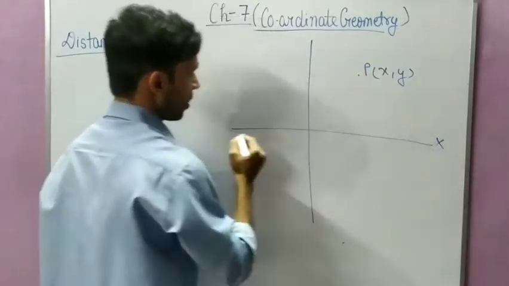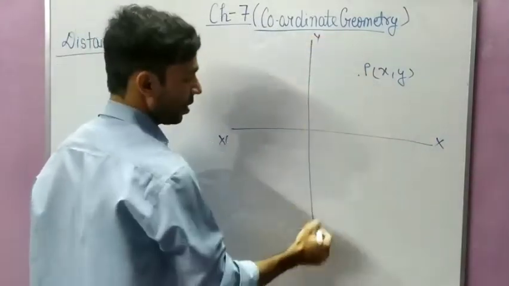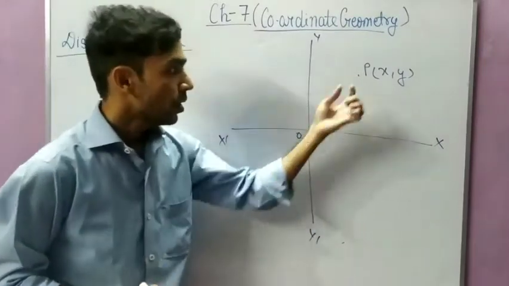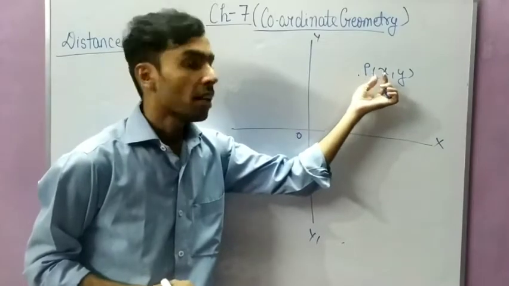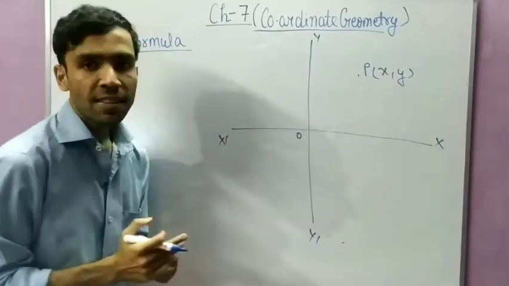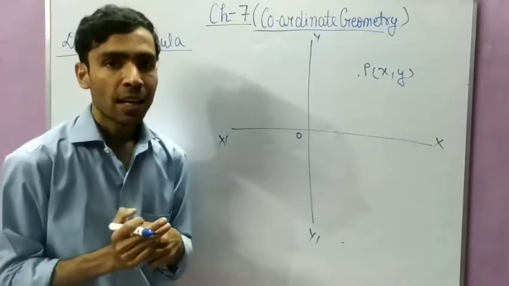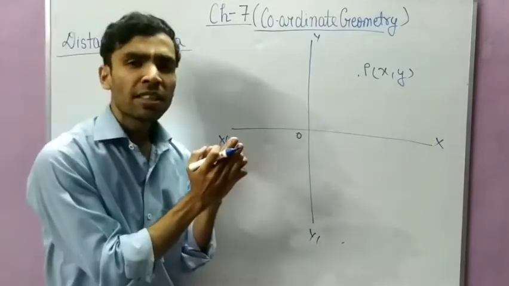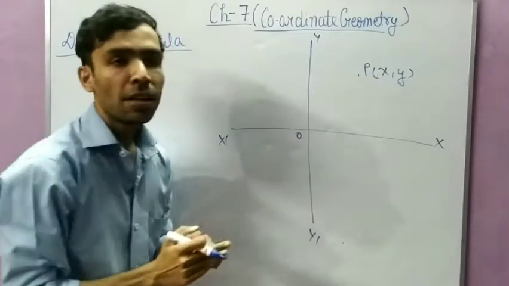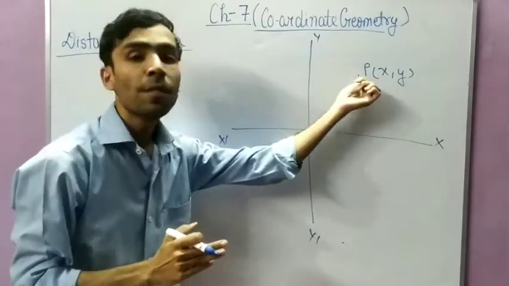This is x dash, this is y dash, and this is the origin. So P has coordinate x comma y. What is x? X is the perpendicular distance of the point from the y-axis.